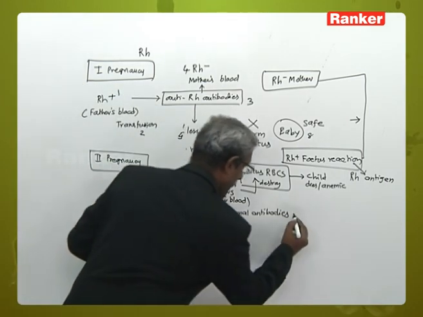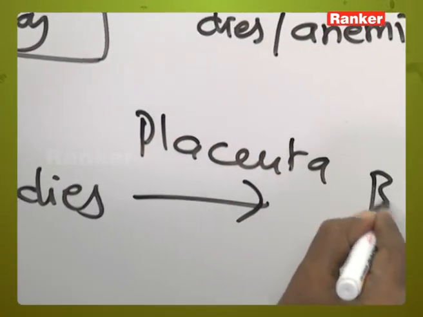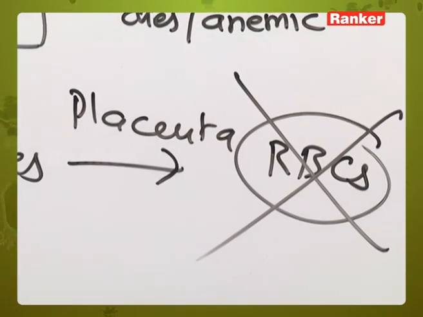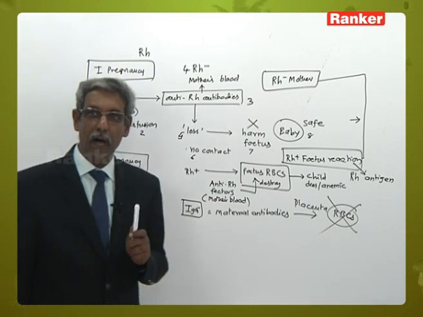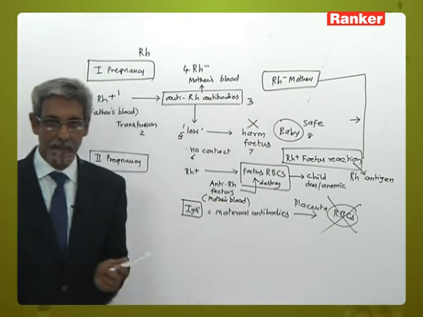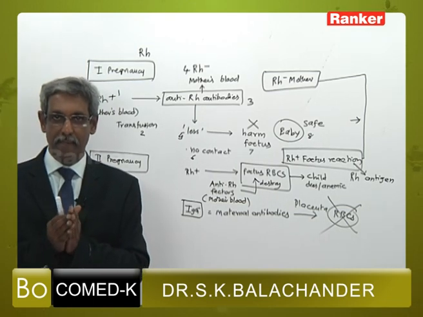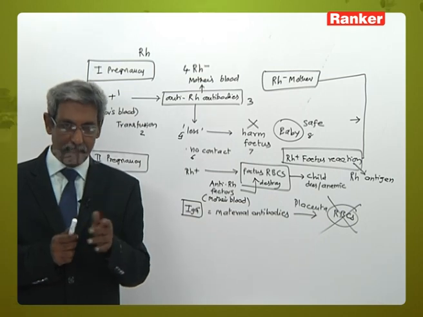They go through the placenta and destroy the RBCs during the second pregnancy. Thereby, during the second pregnancy, we have the baby's red blood corpuscles and the IgG antibodies, they cross the placenta.